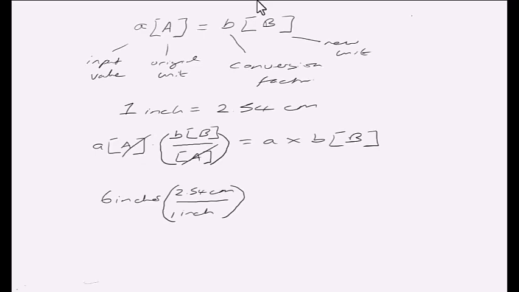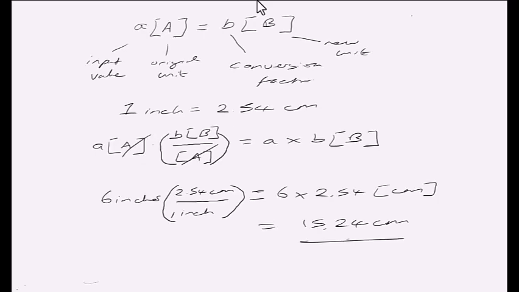So this tells us to convert inches to centimeters, we need to multiply the inches value by 2.54. So this becomes 6 times by 2.54 in centimeters, which is simply 15.24 centimeters. Nice and simple.